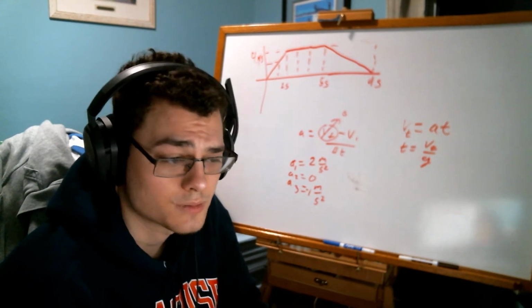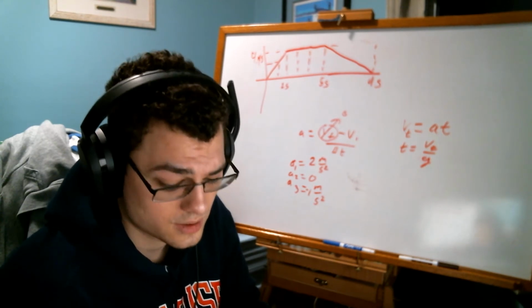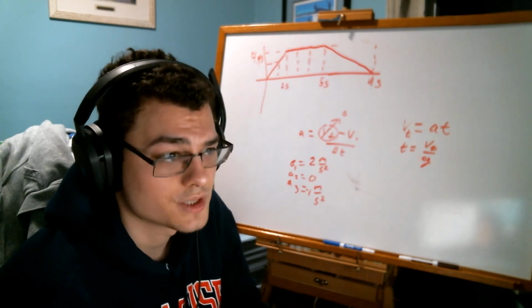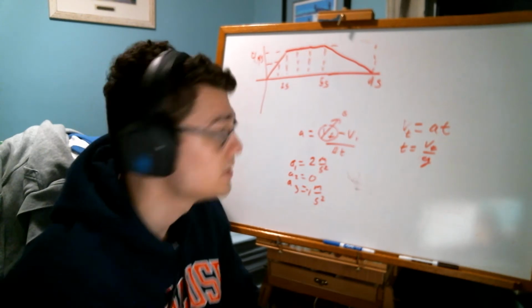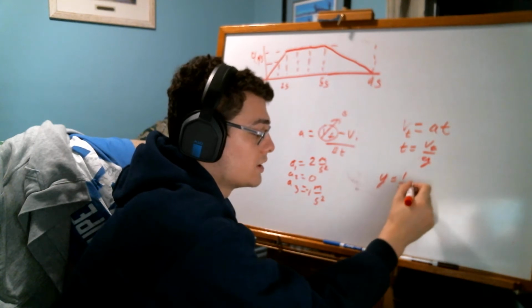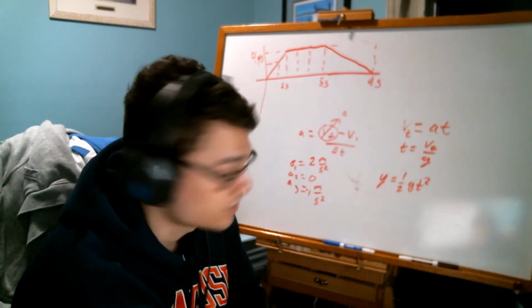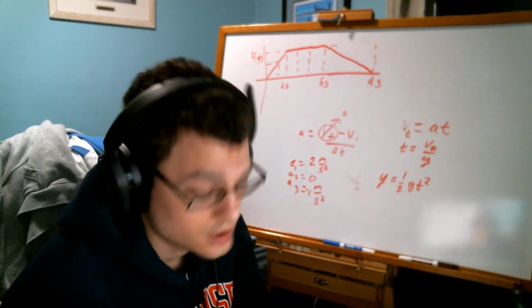The simplest way to attack this problem is just to set y naught equal to 0, and since v naught is equal to 0, since he starts his fall from rest, you just set that equal to 0, and you just get that y is going to be equal to 1/2 gt squared. And you have the time that it takes. It's given in the problem, so this is an easy one to do.